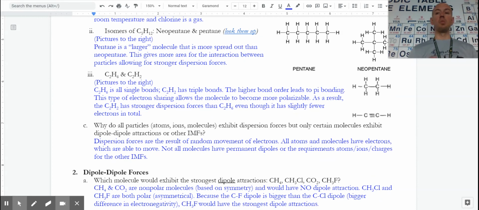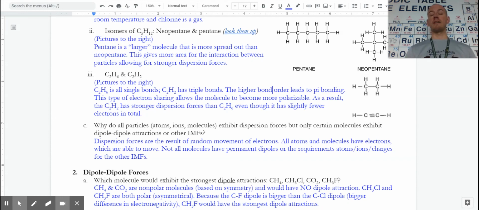And the question here is, why do we have dispersion forces pretty much no matter what? Well, dispersion forces are the result of that random motion of electrons. All atoms have electrons. All molecules have electrons. And electrons are always in that constant random motion. So we're always going to be able to form an instantaneous or temporary dipole no matter what types of atoms we have.